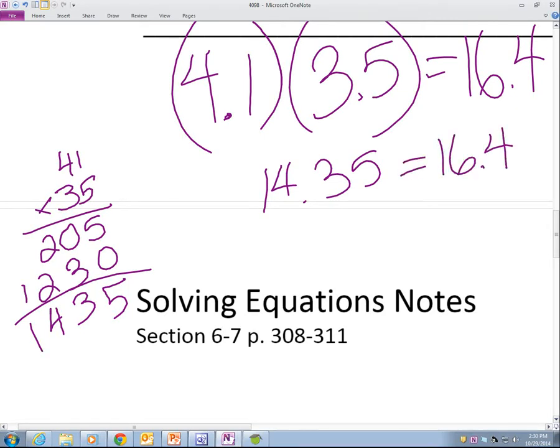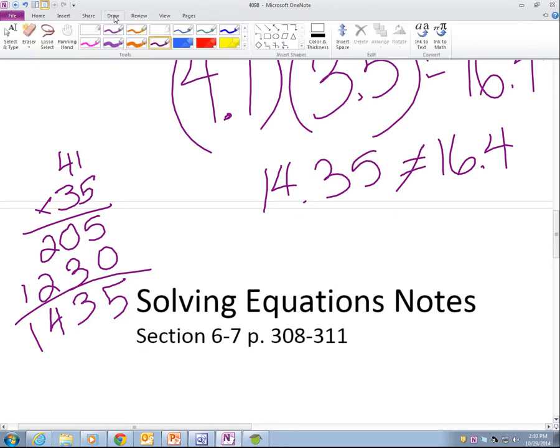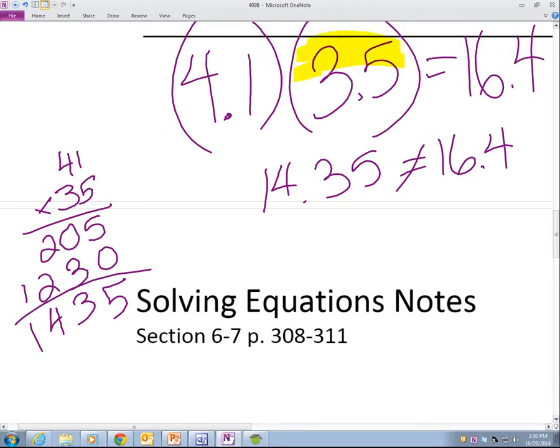Is 14.35 equal to 16.4? No. It is not. So I draw a line through it because that means it is not correct. That proves that 3.5 cannot equal n. That's one way to do it.